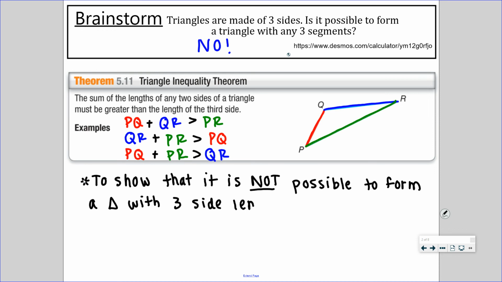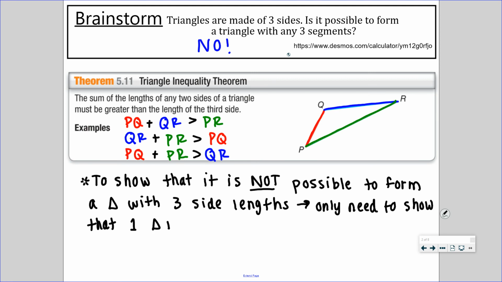All you have to show is that one of these inequalities isn't true. So in that example I just did on decimals, I picked the shorter 2 sides, and I showed right away that inequality wasn't true. So you don't even need to check the other sides. You just need to show one triangle inequality is not true.